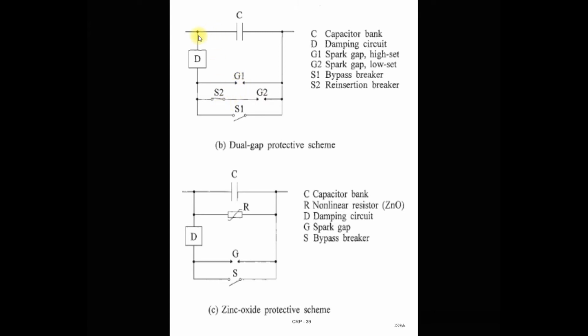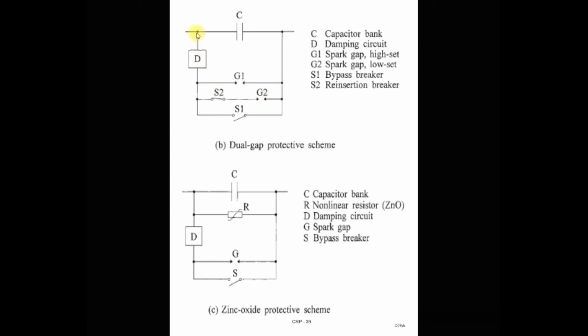In normal condition, the bypass breaker switch S2 is in the on condition, which means it is closed. So when a fault happens, a high amount of fault current passes through this damping circuit. S2 is already closed, and gap G2 is very small as compared to G1. So G2 is ionized and acts as a closed switch.